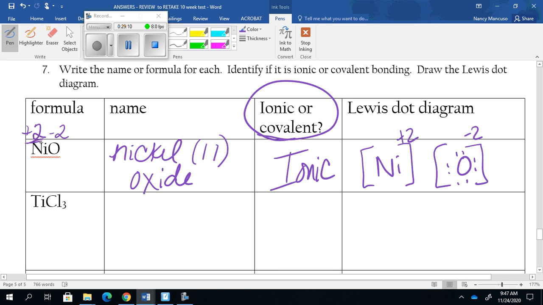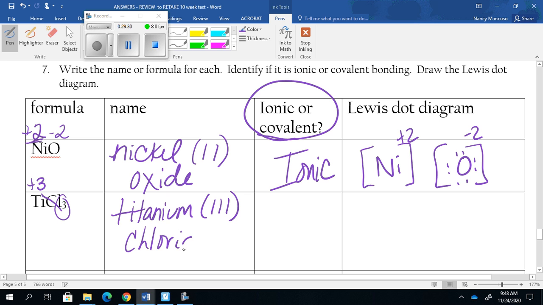All right, TiCl3. So that 3 came from up here. So the titanium was a 3. I look at the periodic table. Titanium does have multiple choices. So I have to show a middle name. Titanium 3 was its charge. Chloride. This does have a metal and a nonmetal, so it's ionic.